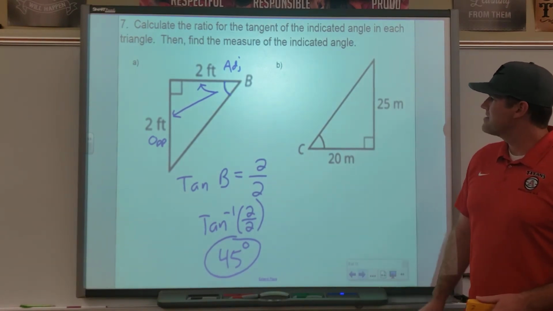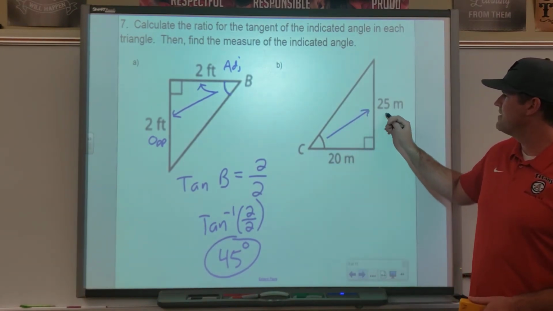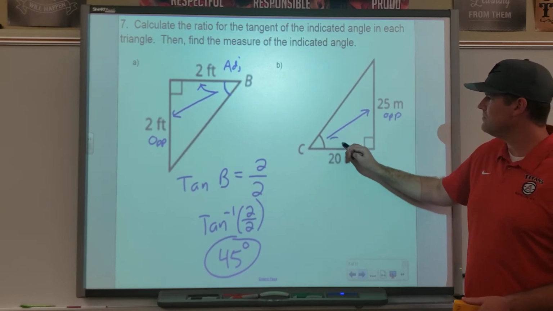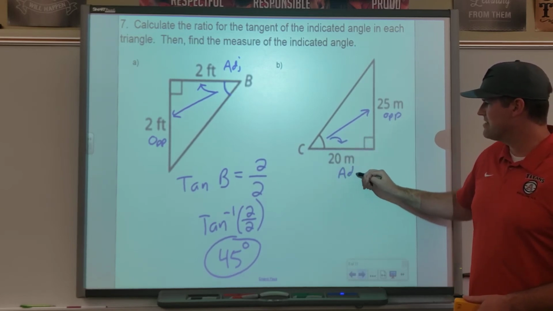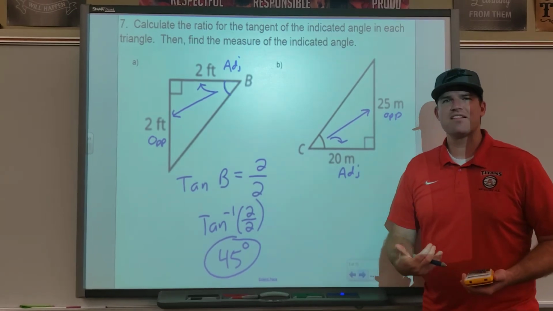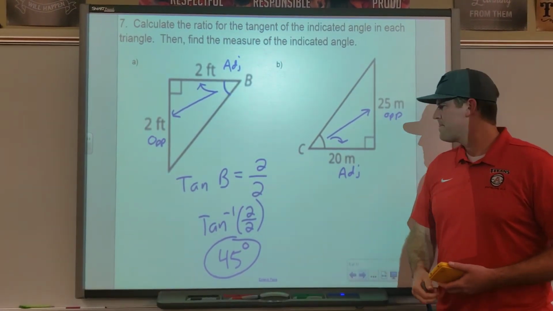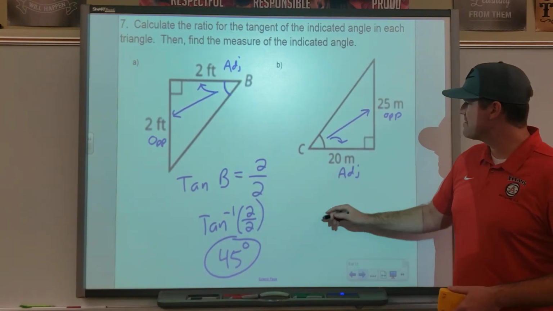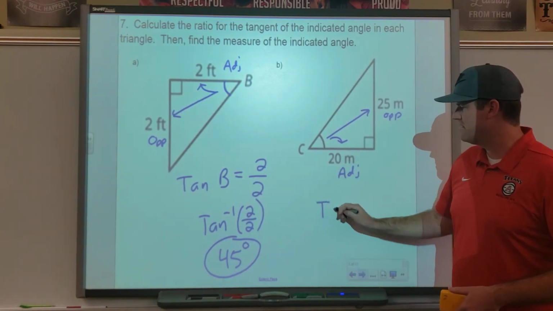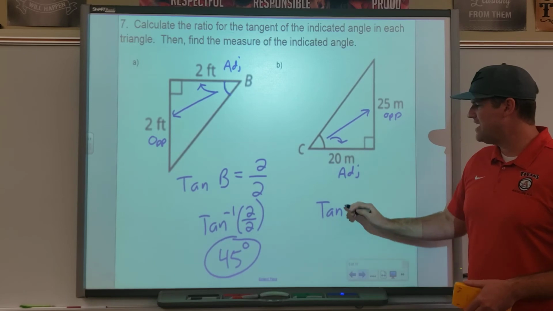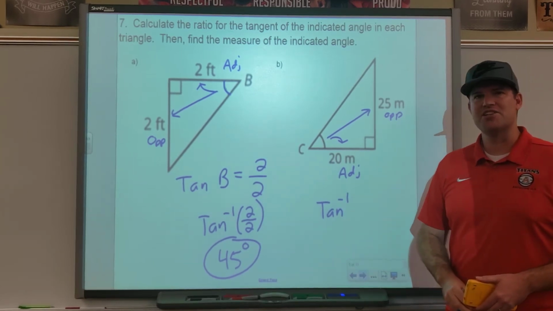All right, this next one, 25 is opposite. 20 is adjacent. So how should we set this problem up? What should the equation look like? All right, very good. Because it's tangent, we got to use tan. But because we're finding the angle, we use inverse tangent.